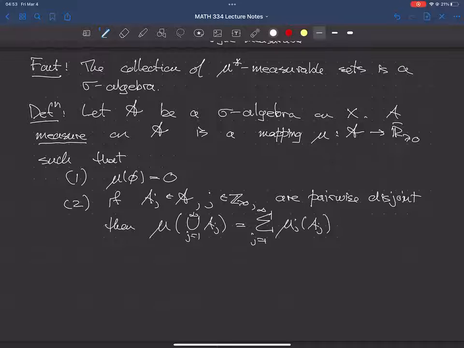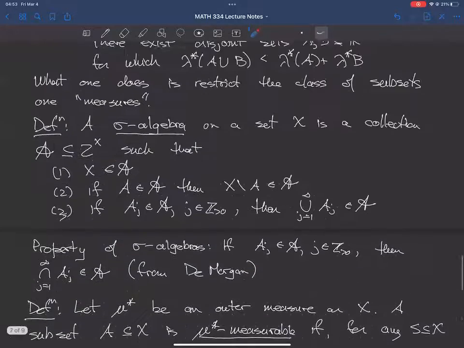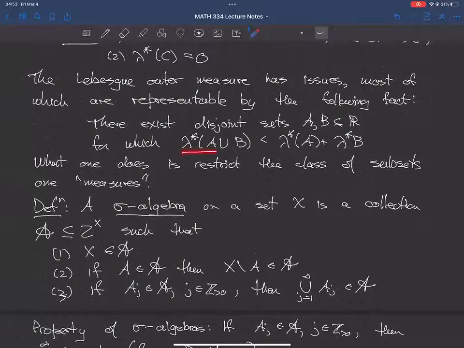You see here that the properties of a measure, namely this equality, are directly addressing the issue I had with the Lebesgue outer measure.